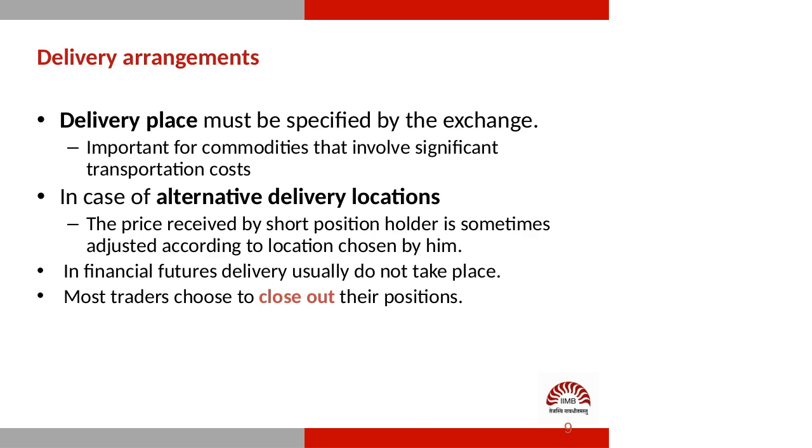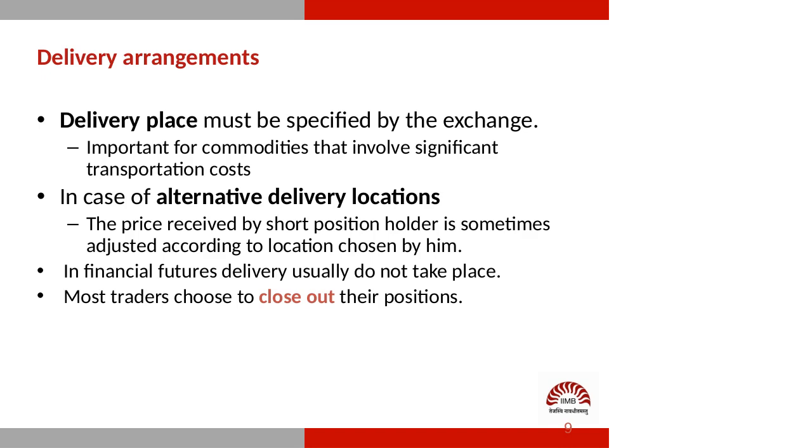The other thing, as I said, is that the delivery place has to be specified by the exchange, because after all, delivery could involve significant transportation costs. In the case of alternative delivery locations, the price that is received by the short holder is adjusted according to the location chosen for delivery.